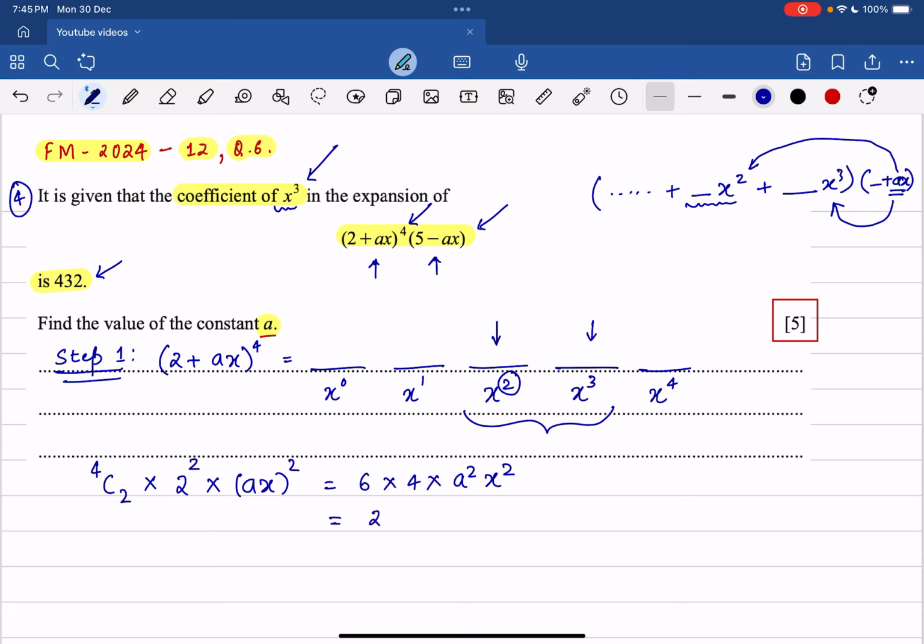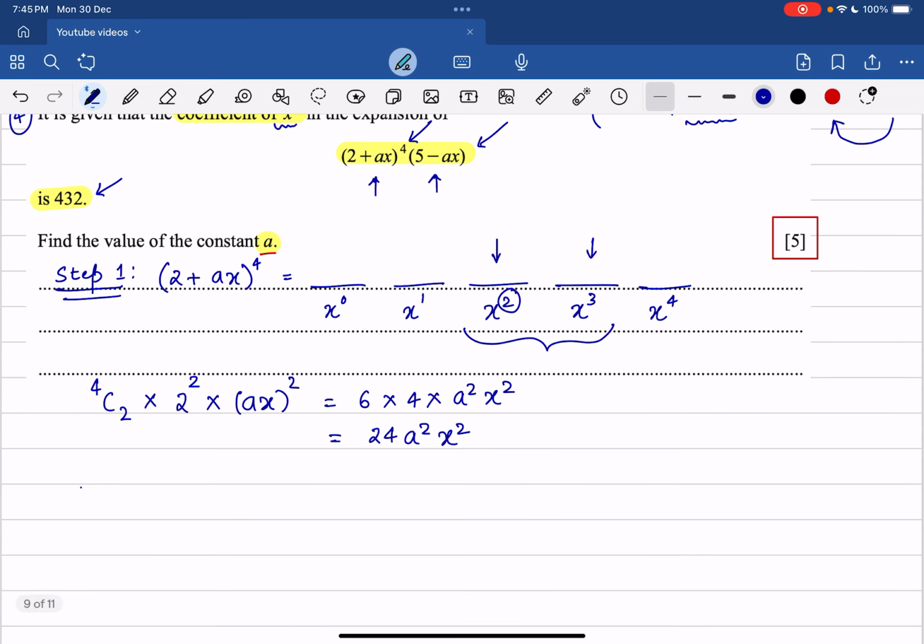That makes it 24a²x². That is one thing that I need. The other thing I need is the coefficient of x cube. This is 4C3 times 2 raised to 1 times (ax) raised to 3. 4C3 is 4, times 2, times a cube x cube, which is 8a³x³.